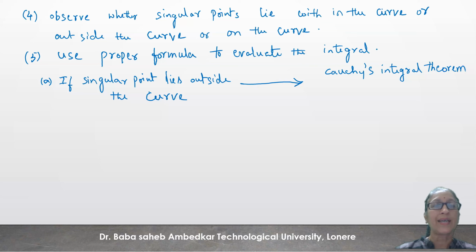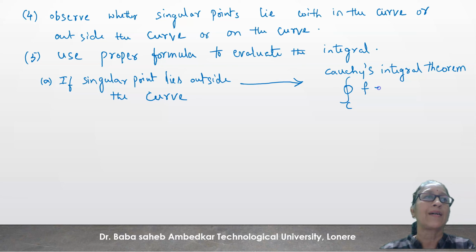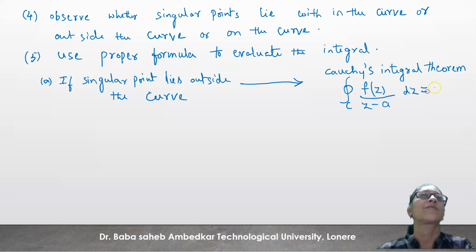Because if f(z) is analytic within the closed curve, then there is no singular point within that curve. So if the singular point lies outside the curve, use Cauchy's integral theorem, that is, the contour integral of f(z) upon z minus a dz equals 0.